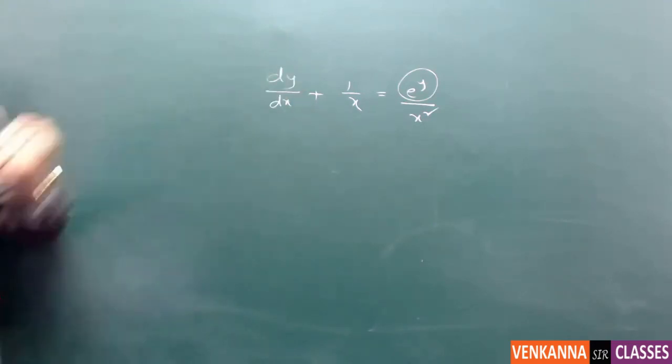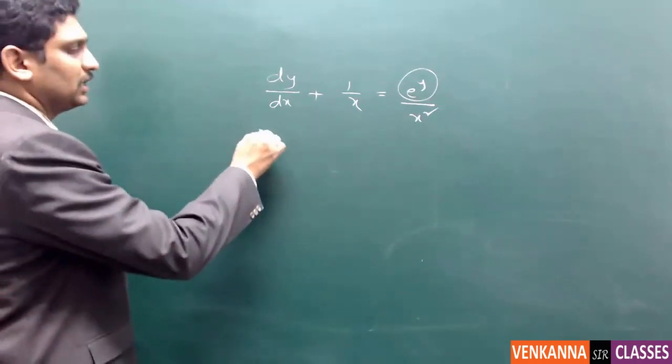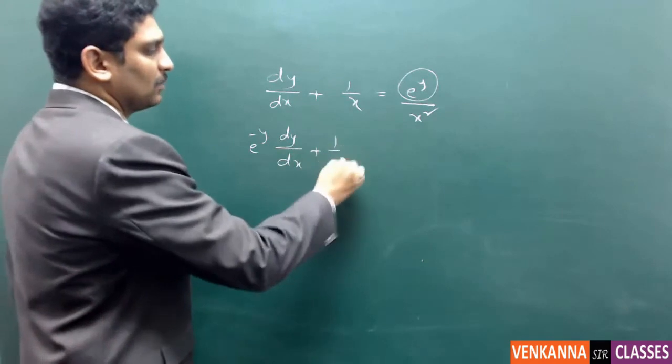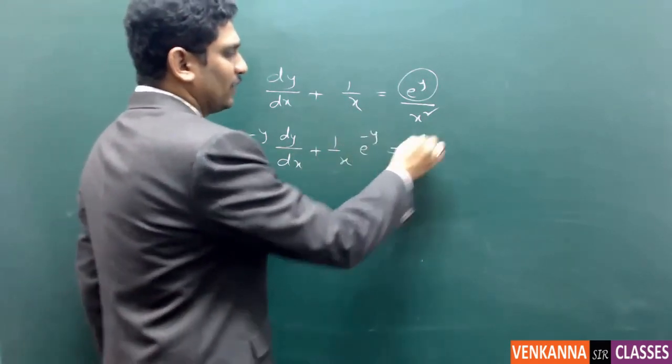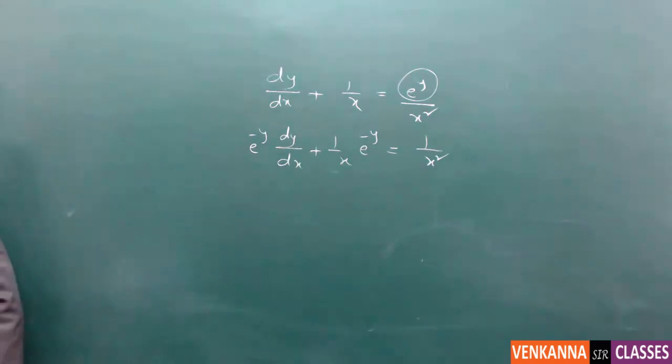So if you multiply both sides with e power minus y, it will be e power minus y into dy by dx plus 1 by x into e power minus y is equal to 1 by x square. Now, if you want to convert that into linear, what I have to do?